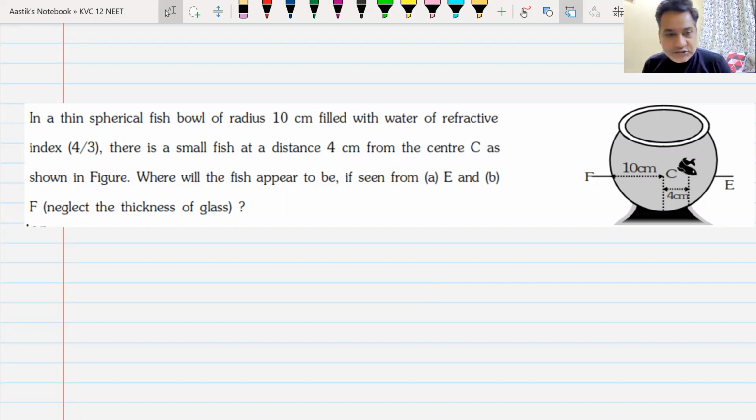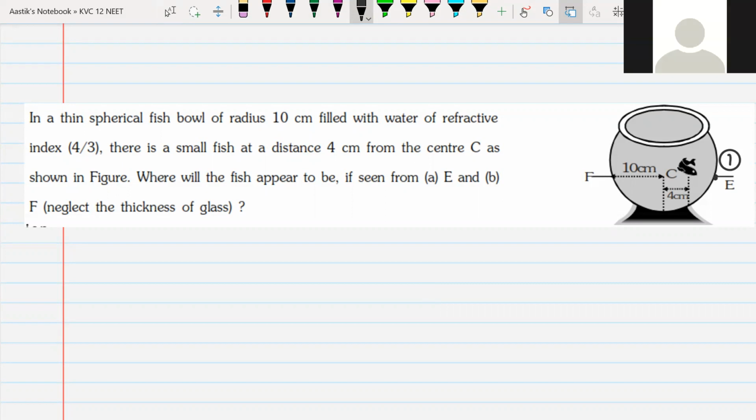Where will the fish appear to be if seen from? In case number 1, it is seen from E. In case number 2, it is seen from F. Your time starts now.